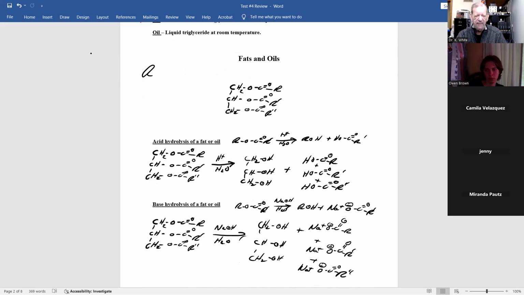And we write it instead of like this, fats and oils chemists write it differently like this, where this is our group here, and here are the different R groups attached to the carbonyl.